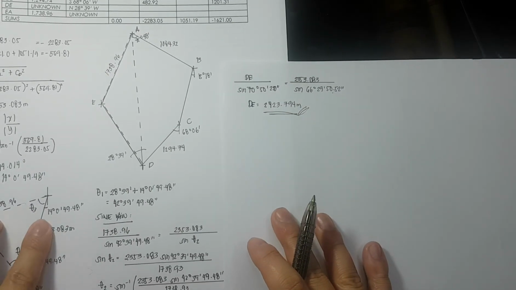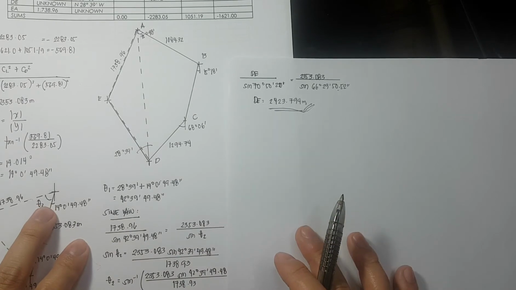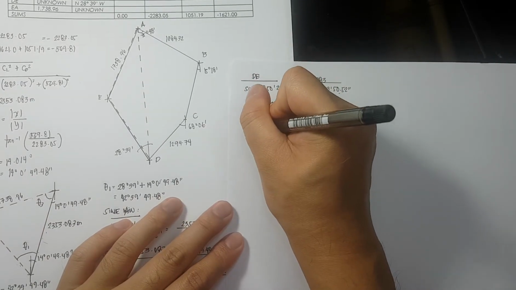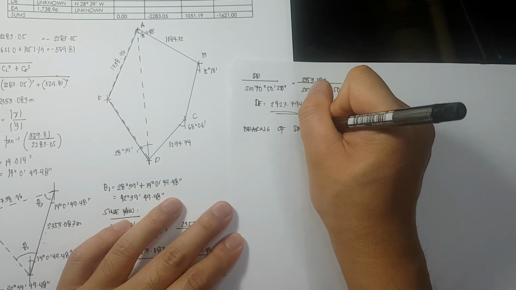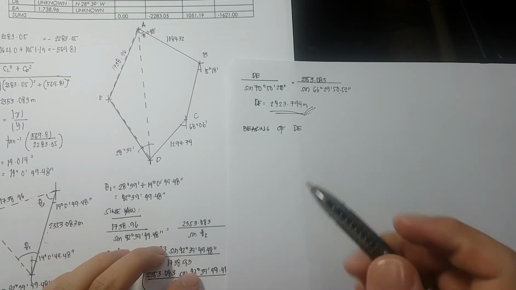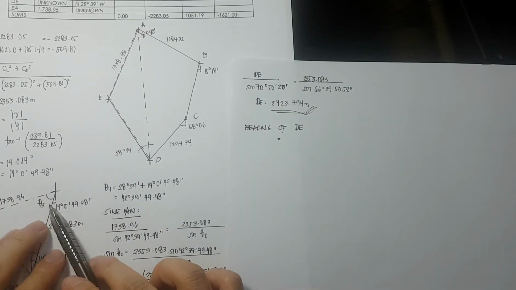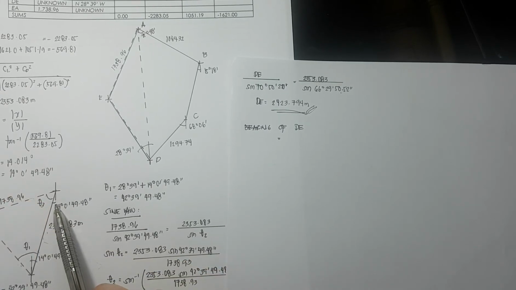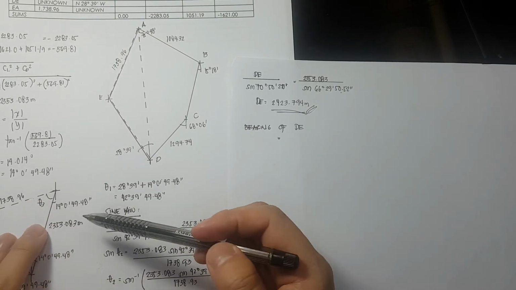Now for the bearing of DE, the angle theta 3 is equivalent to the bearing, then we're going to add 14 degrees, because we're coming from the south.